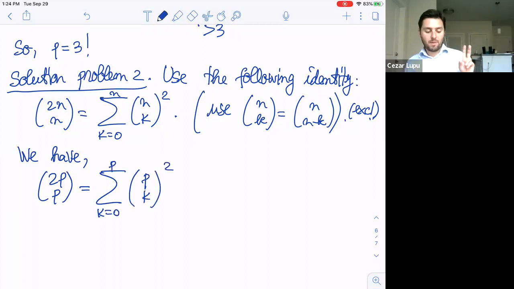But now keep in mind something. Let's look at the first term when k equals 0 and when k equals p. I want to look at something.